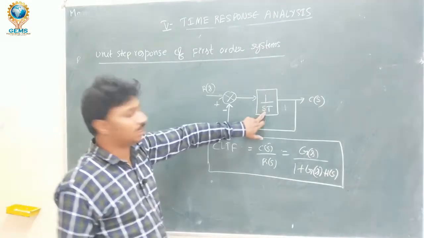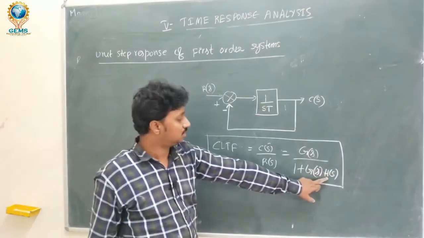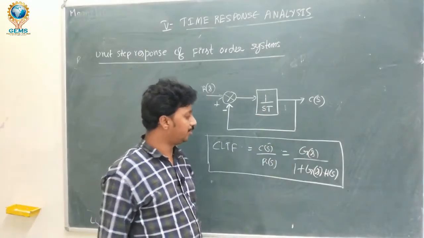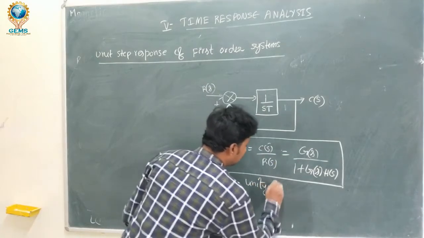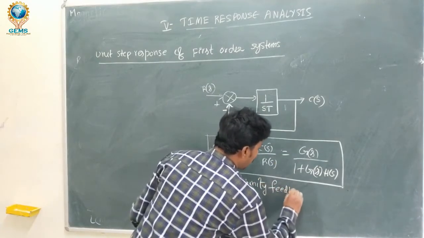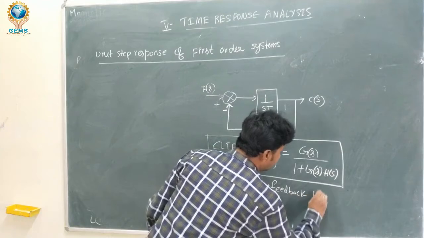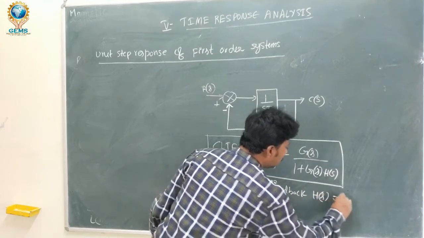What is G of s? G of s is 1 by ST. Since it is a unity feedback, H of s is equal to 1.